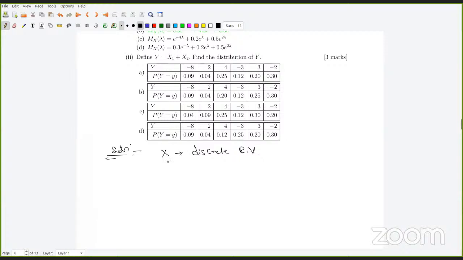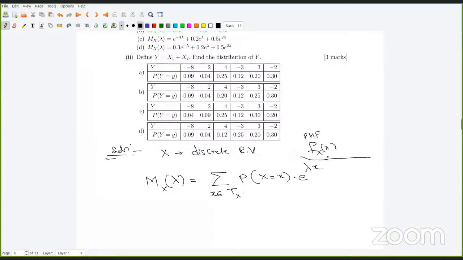When X is a discrete random variable with some PMF f_X of x, our moment generating function, denoted M_X of lambda, is the summation over x in the range of X, since it is discrete, of the probability that X takes x times e to the power lambda x.